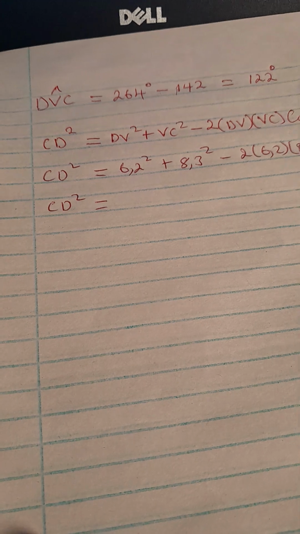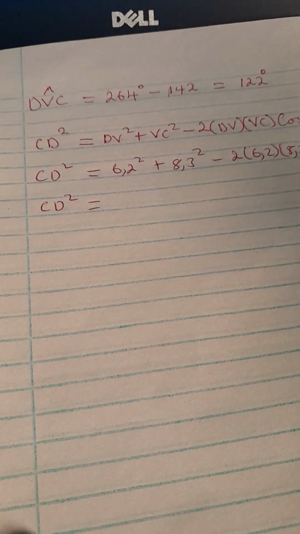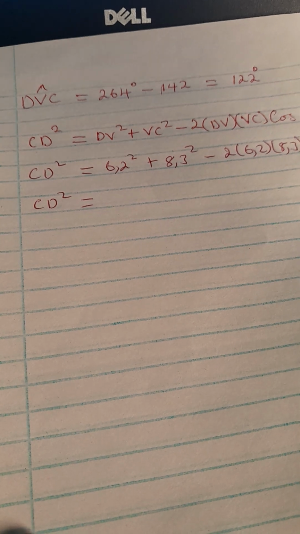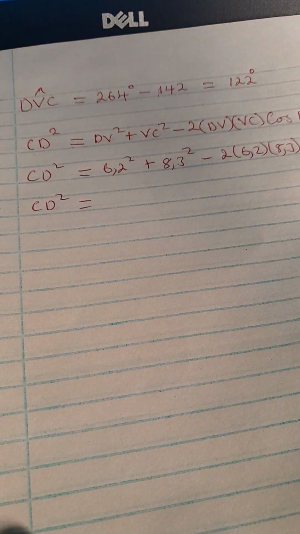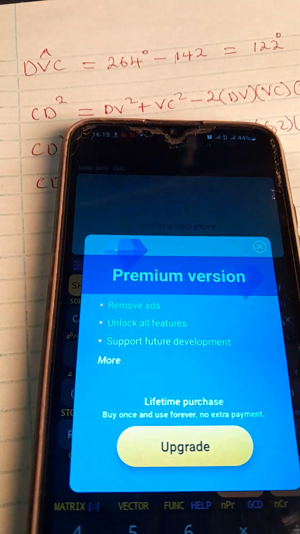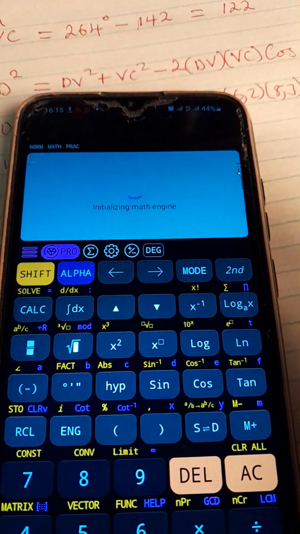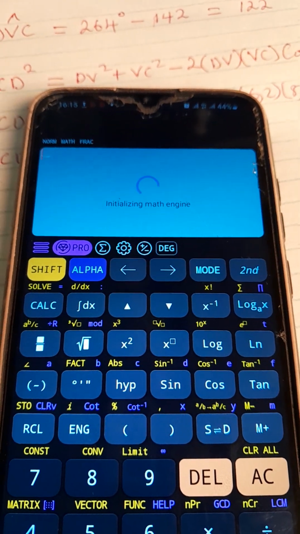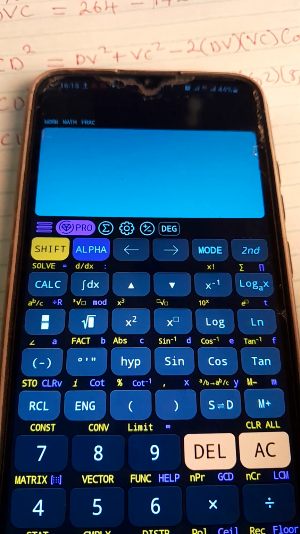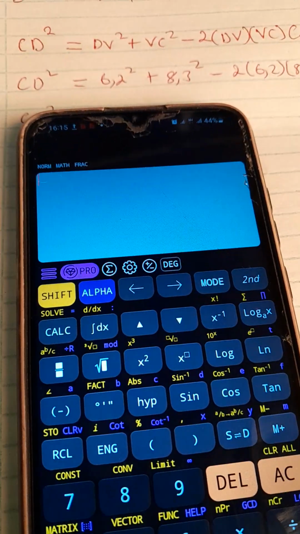Now to get CD squared, we say 6.2 squared plus 8.3 squared. What should we get? You need to have this type of calculator; it is very simple for manipulating such things.